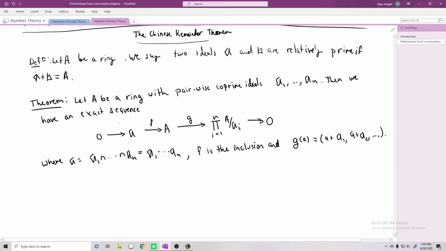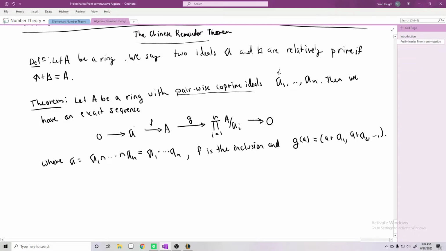Maybe another thing I should mention is, what do I mean when I say pairwise coprime here? This means that if I pick any two, say A1 and A4, then those two ideals are coprime. Any pair of ideals in this list are coprime.